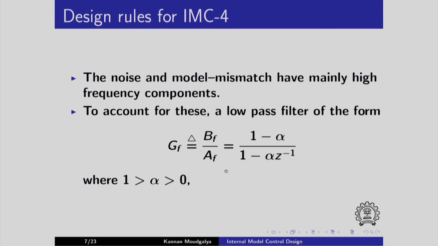Recall the pole 0 location based filters that we studied earlier. If you go through that discussion, you will see that this is a low pass filter. This filter is added in series.